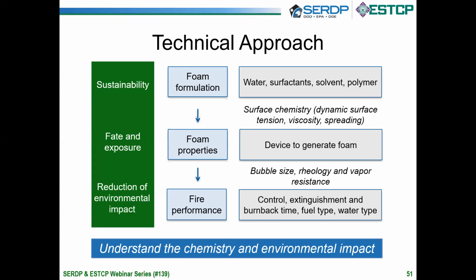And that foam will also have properties such as bubble size, rheology, vapor resistance, and those properties determine how good it is at controlling fires, how long it takes to extinguish, what fuel types it works on, what water type it's compatible with. And that was the aim, to try and understand as much as possible of this process, accepting that it's very complicated. We're not going to understand all of it, but the more we can understand, the better.